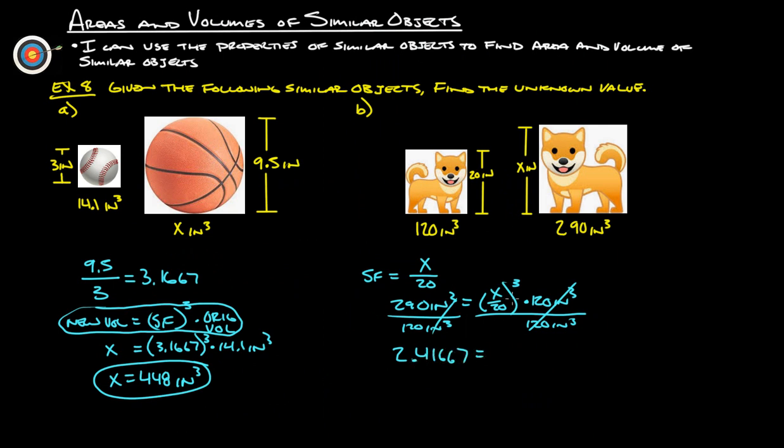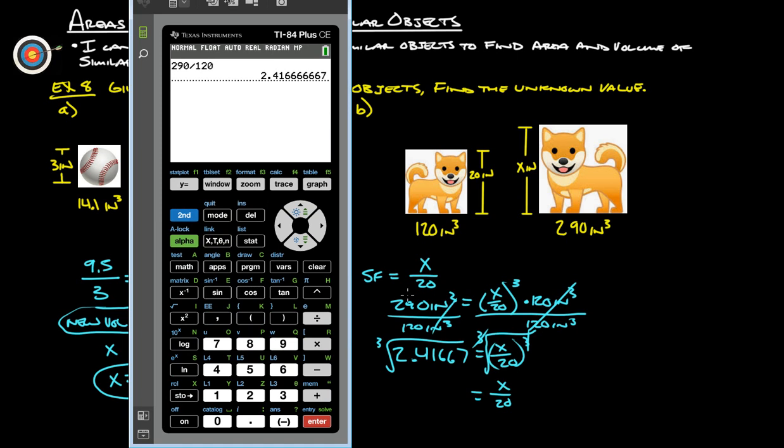Right, and that is our scale factor cubed. So that's X over 20 cubed. So we got to cube root to get rid of that cube, right? That will turn this into just X over 20. So we got to now take the cube root of this.